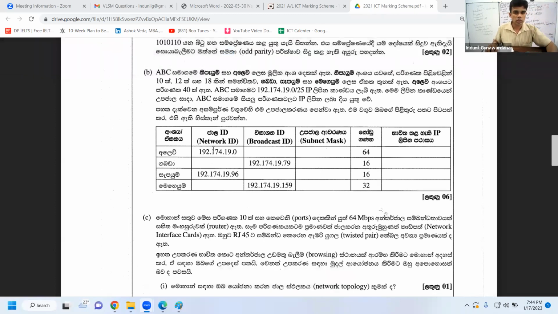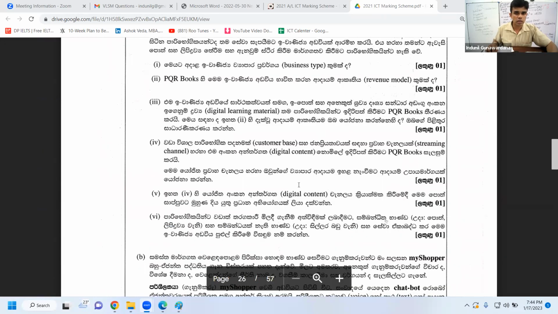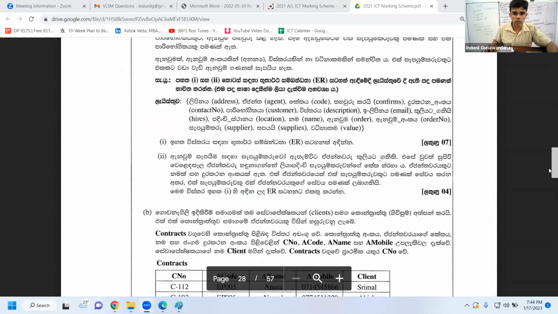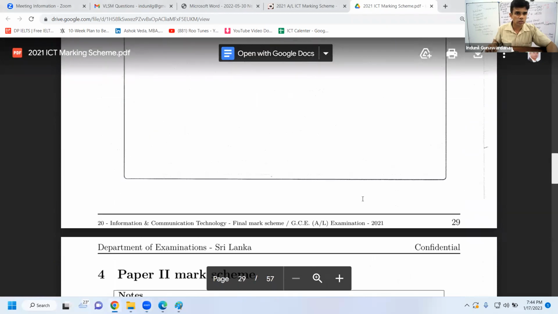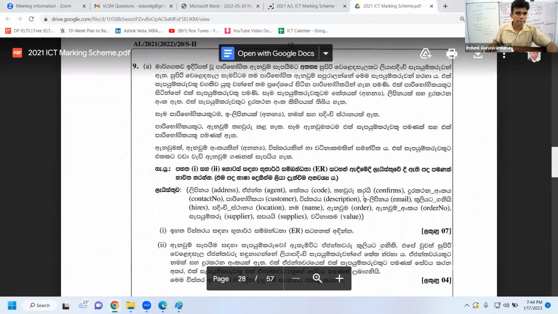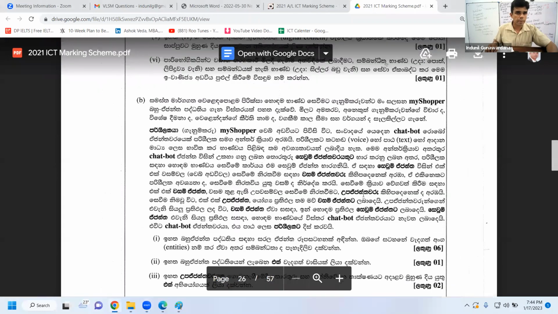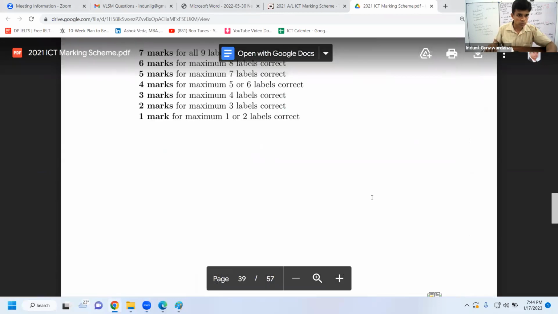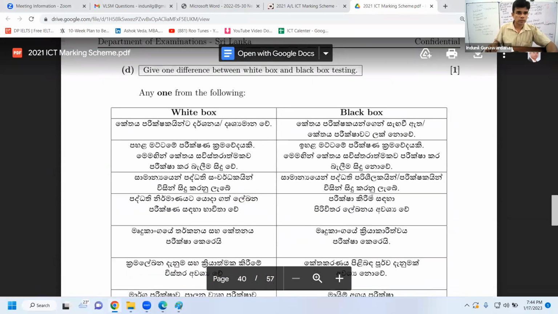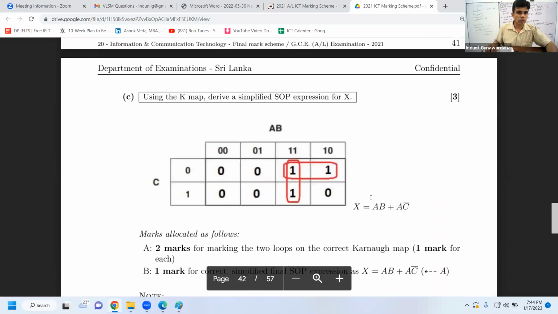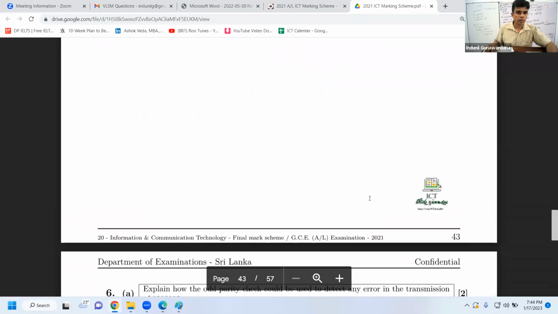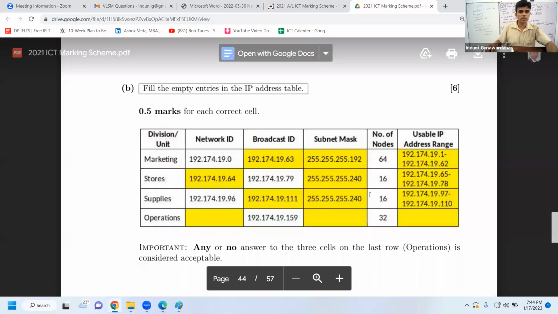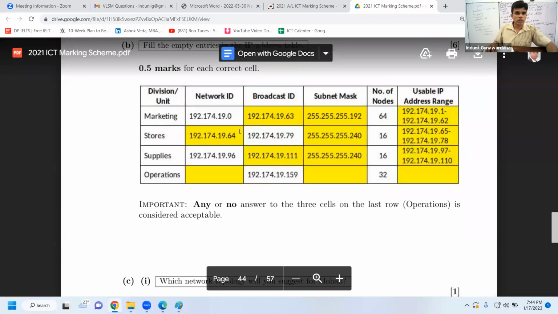Doesn't matter. So then there are the questions given, okay? And then the marking scheme continues. What is that question? Question number 6. Yes, question number 6. It's something like this, right? Then they did that in this order.